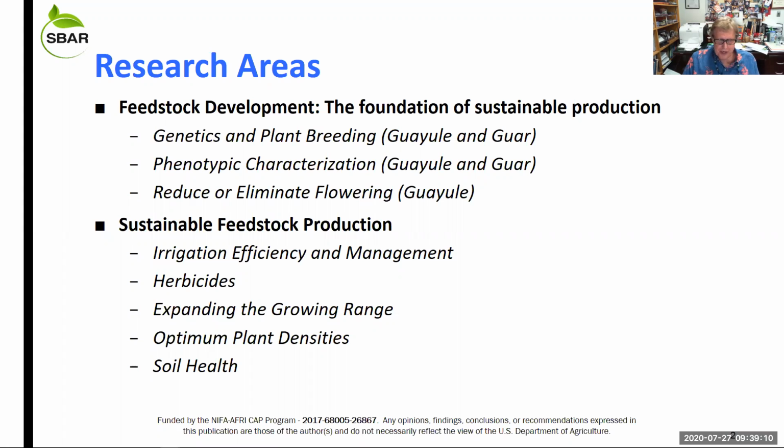Under sustainable feedstock production, we have projects on irrigation management, herbicide tolerance, expanding the growing range of the feedstock, determining optimum planting densities, and soil health.